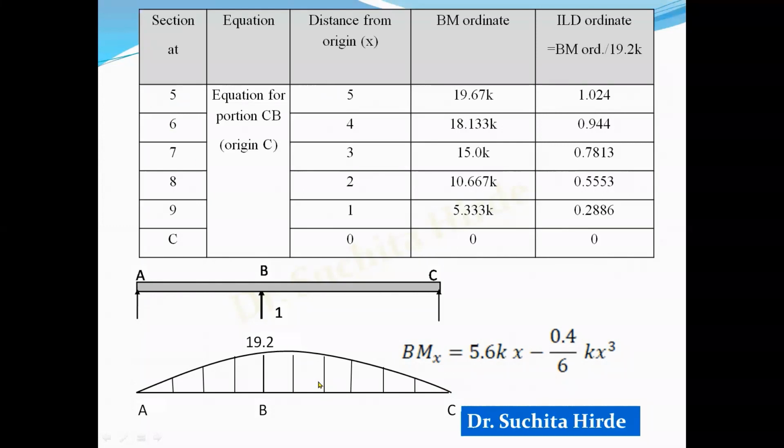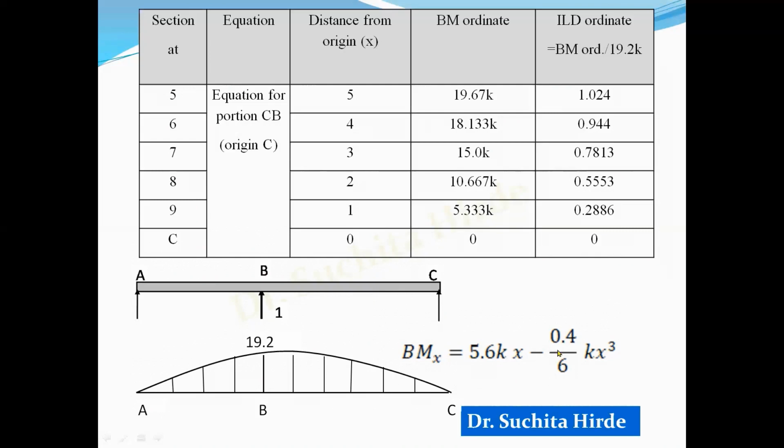For point number 6, its distance from C is 4 meter. For point number 7, distance is 3 meter. For point number 8, distance is 2 meter. For point number 9, it is 1 meter, and then it is 0.